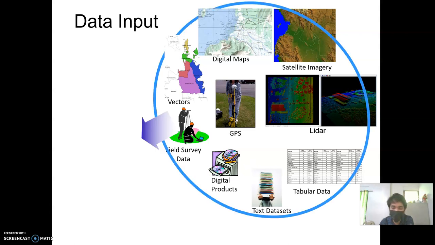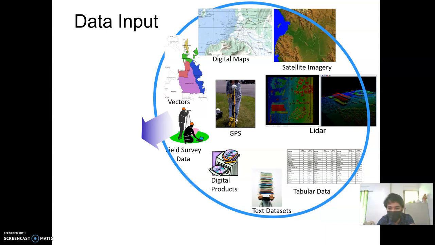So there are many. You see, a GIS system works differently because they have many types of files that we utilize in order to come up with this single map alone, which includes this one.